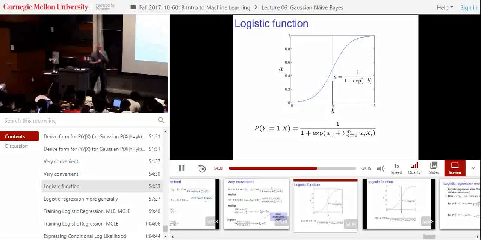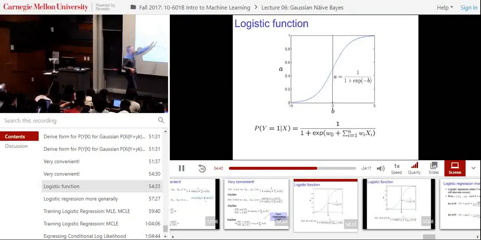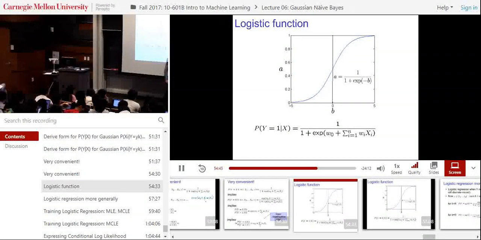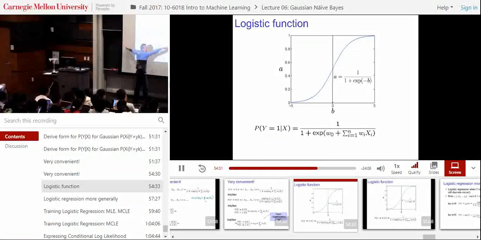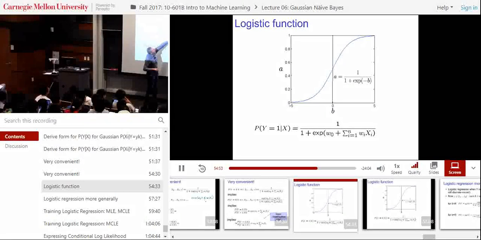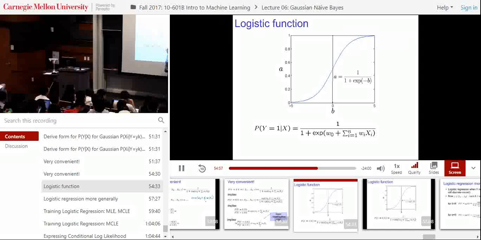All right, so what does that function look like? It looks like this. If we take 1 over 1 plus exponential of minus b, and I vary b from minus infinity to plus infinity, here's the middle of it. If b equals 0, then I get 1 over 1 plus e to the 0. That's 1/2.